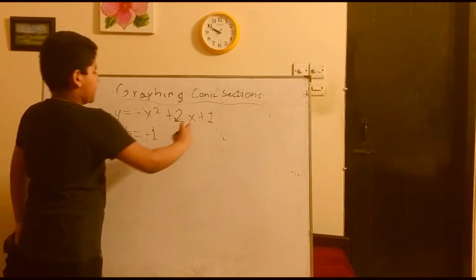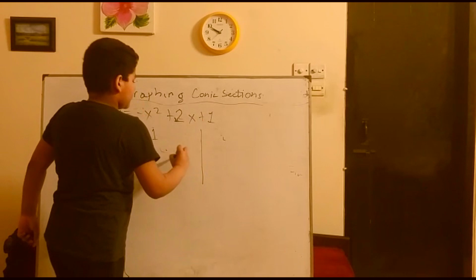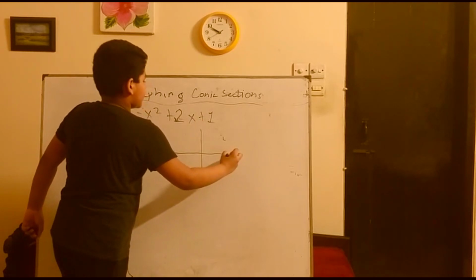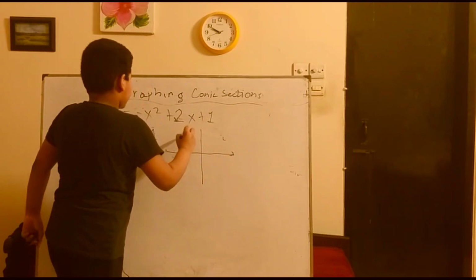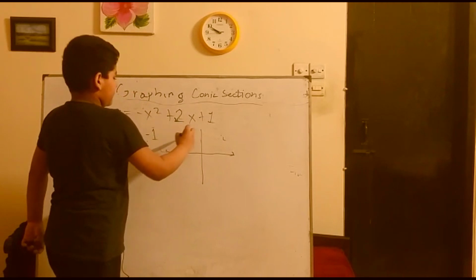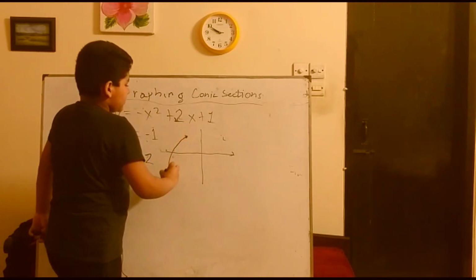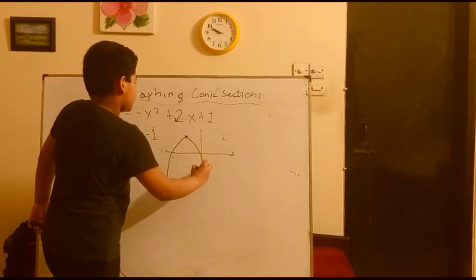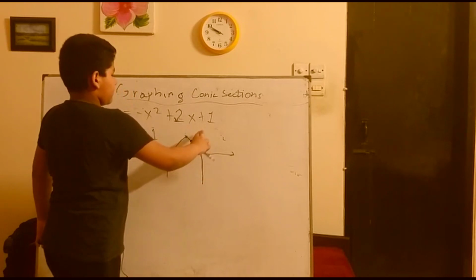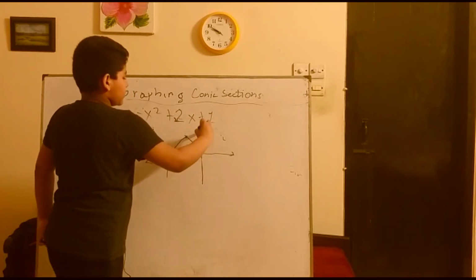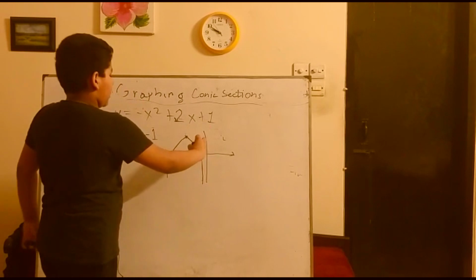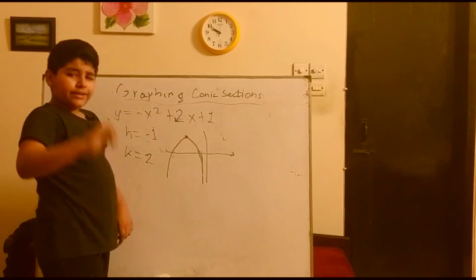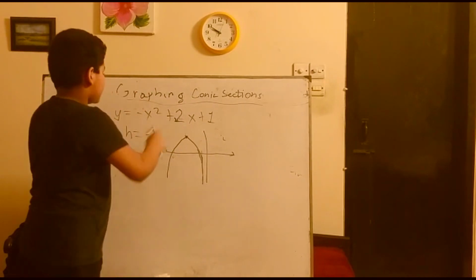And these will be the points on the x and y axis graph. And since a is negative, the graph will open downwards and not upward. So with that, we've done all the graphs.